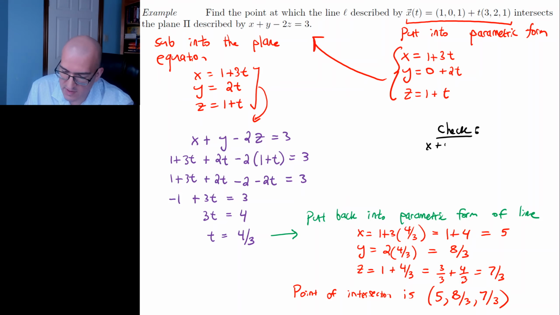So x plus y minus 2z is equal to 3. So 5 plus 8 over 3 minus 2 times 7 over 3, so 14 over 3, equals 3, question mark.